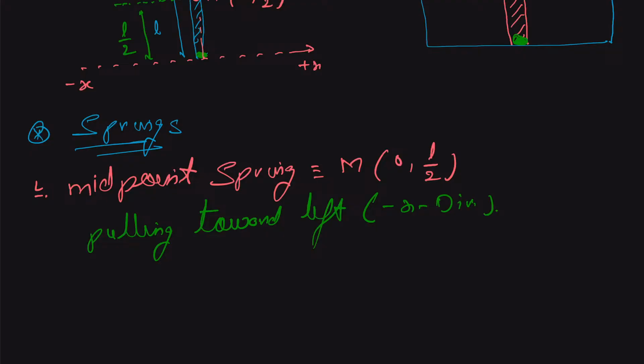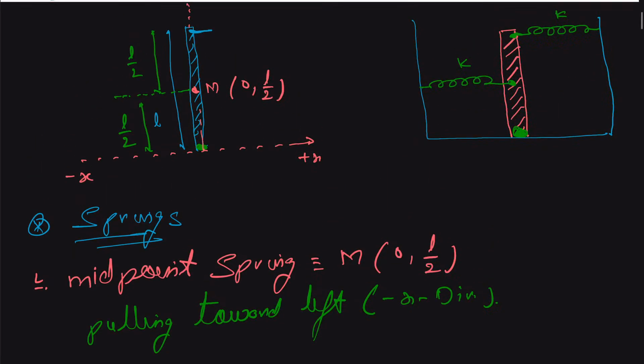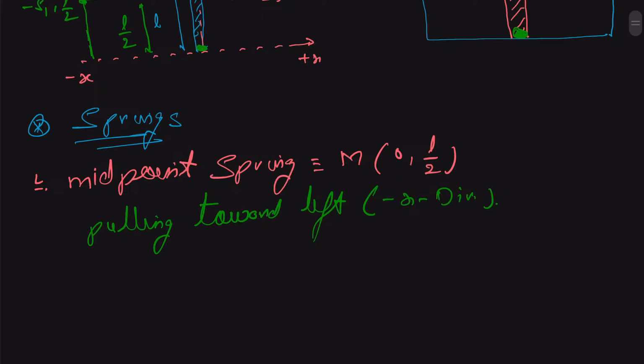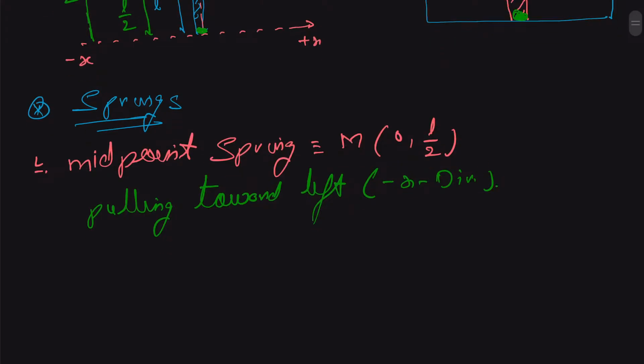And it is fixed at some point. So this is the wall to which it is fixed, and we can write this as minus S1 comma L by 2, because in the x direction we are not given where it is fixed. In the y direction we have the length.